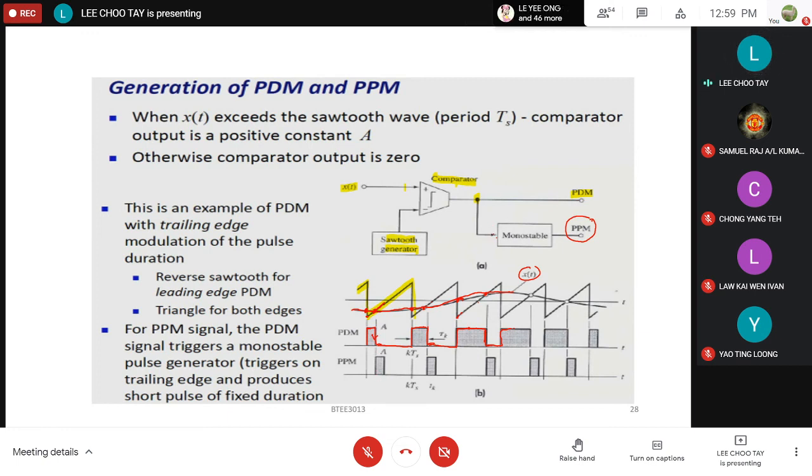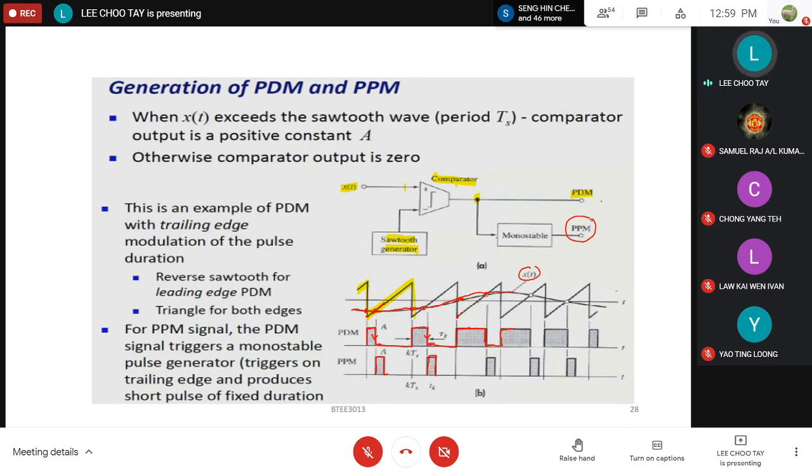So when the input goes low, the monostable will produce a pulse. The next time the input goes low again, it will produce another pulse. That's how a monostable circuit works, right? So after you have generated PDM, to generate PPM is actually easy.